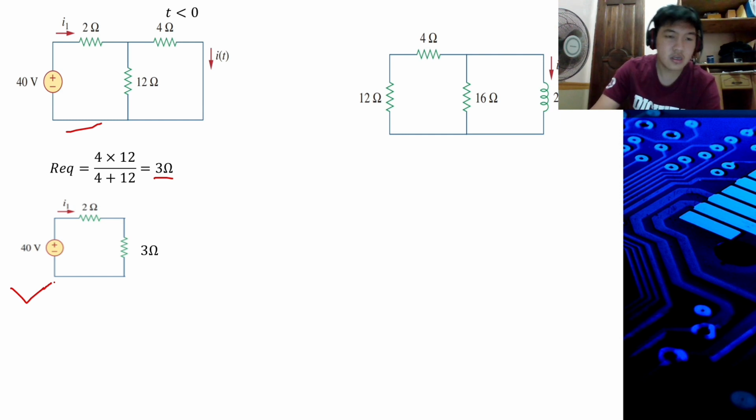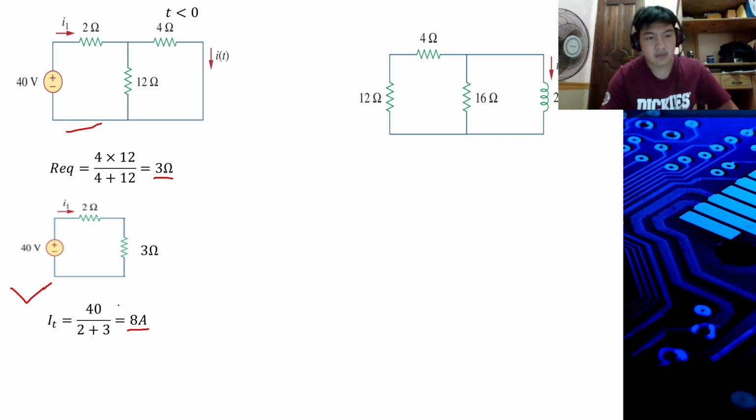So, we can solve for the total current: 40 volts over 2 plus 3 ohms is equal to 8 amps.